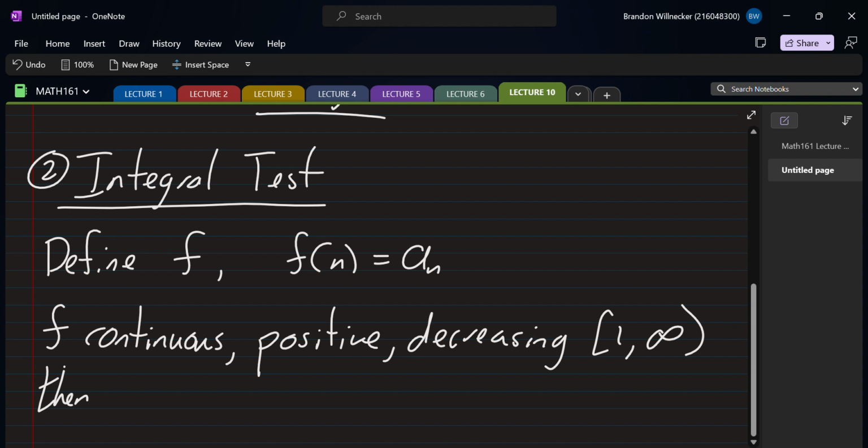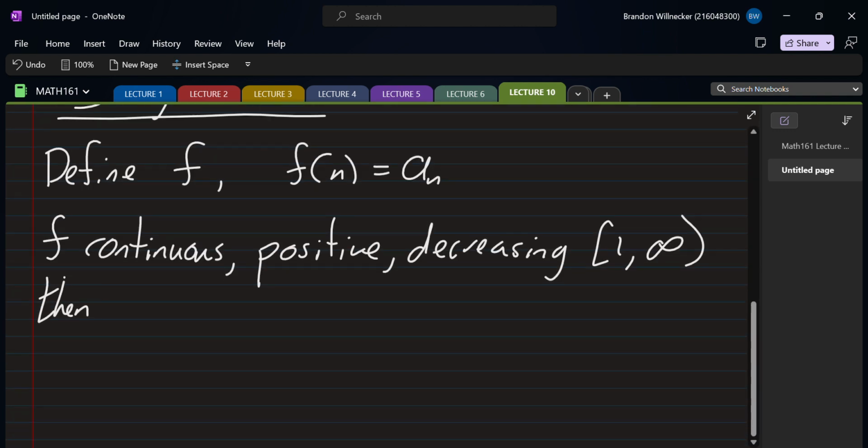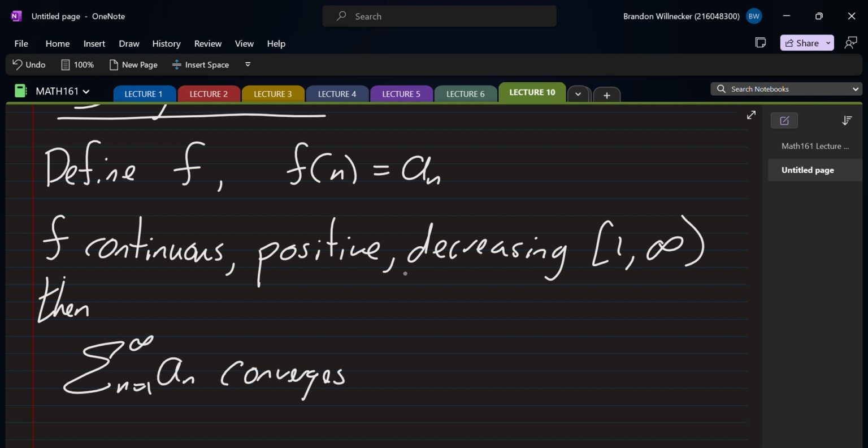Then our series, the sum from n equals 1 to infinity of a_n, converges if and only if the integral from 1 to infinity of f of x dx converges.